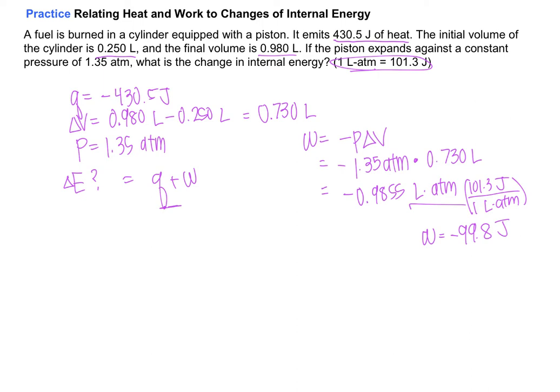So now I can plug in delta E, which is Q, so negative 430.5 joules plus a negative 99.8 joules, and my delta E is negative 530.3 joules. So that's kind of the harder of the questions because there's a little bit more steps.